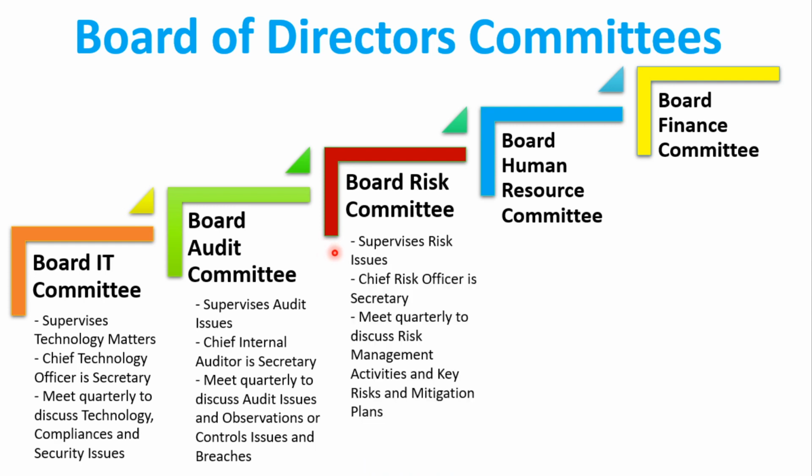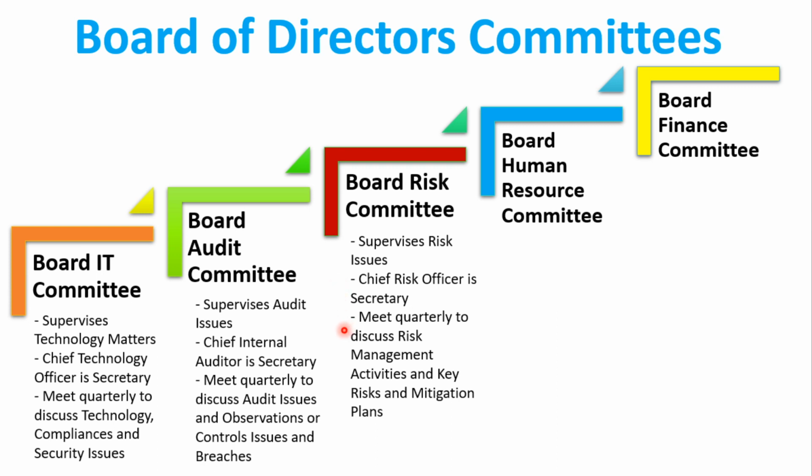Board risk committee supervises the risk management issues, like the current risk or the emerging risk, like for example cybersecurity risk, operational risk, credit risk, liquidity risk, etc. Chief Risk Officer is the person who is the secretary to the board risk committee, and he is the person who heads the risk management function of the organization.